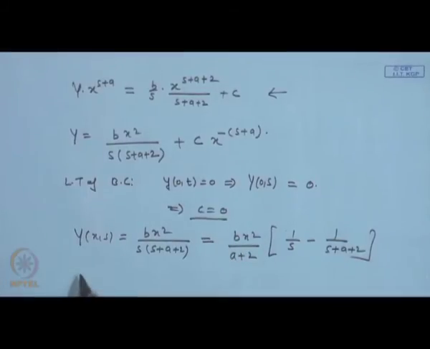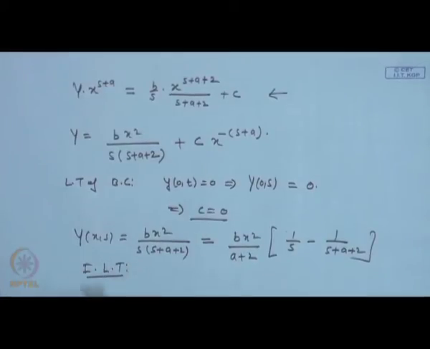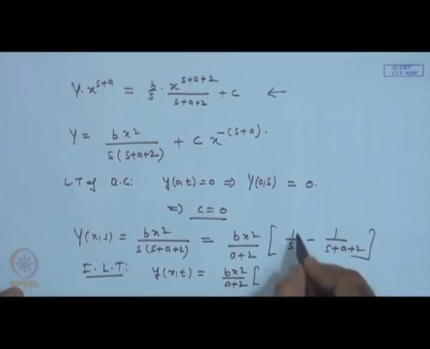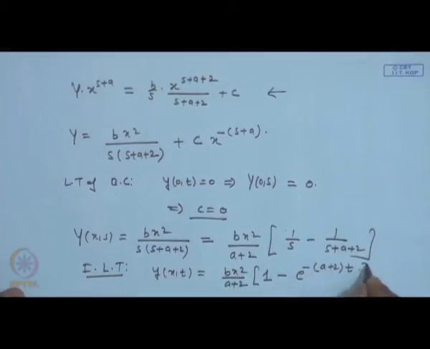So, these are the partial fractions, and now if we take the inverse Laplace transform, we will get y x t will be b x square over a plus 2, and then the Laplace inverse of 1 over s, we have 1, and minus the Laplace inverse of this function, this is e power minus a plus 2 t.